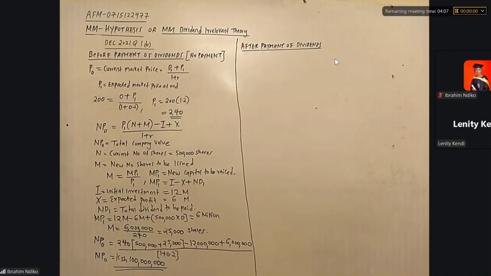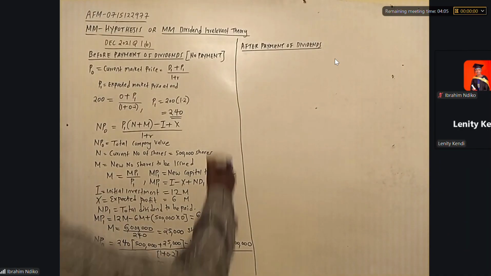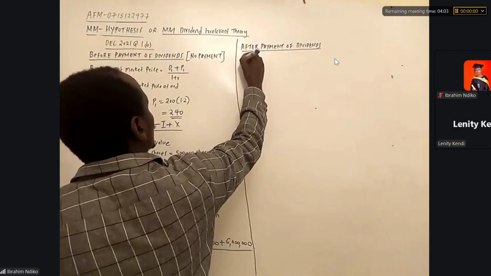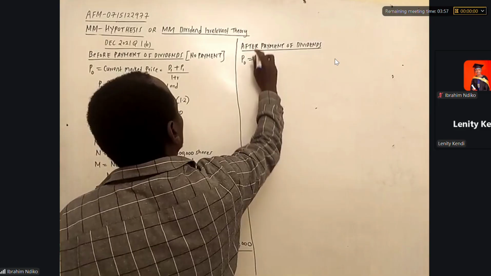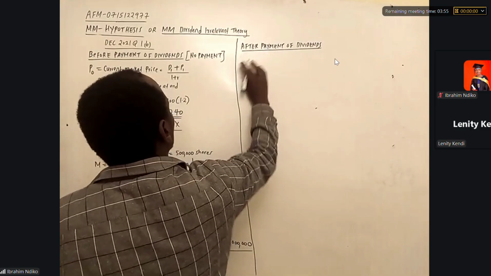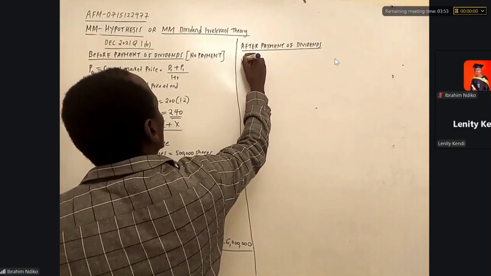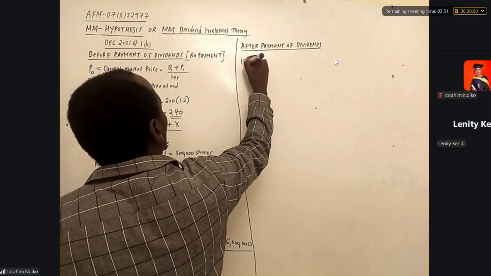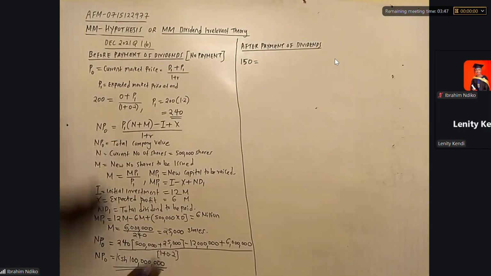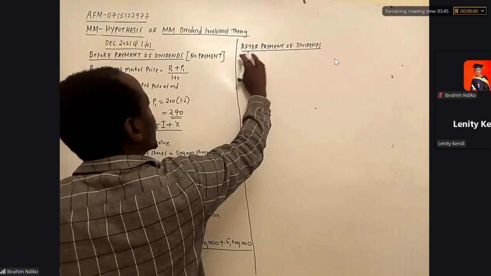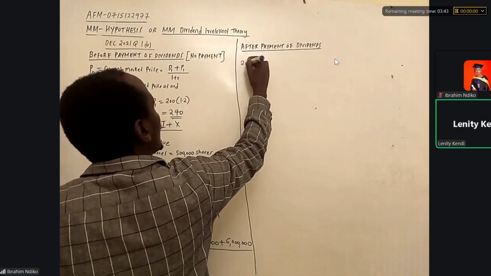It is not like I am doing another question; the other one above is the same, you will just do it, right? You are just practicing, that is for revision. What is our D if they were to pay dividend? Market price in 150 is equal to, not 150, it is 200. PO is 200, right? Yes.